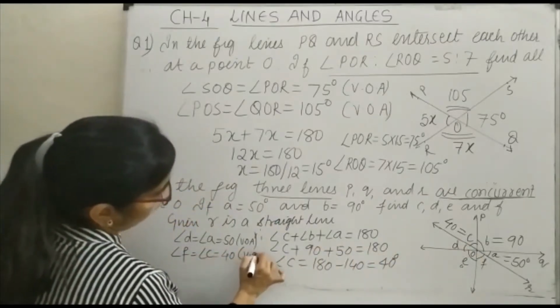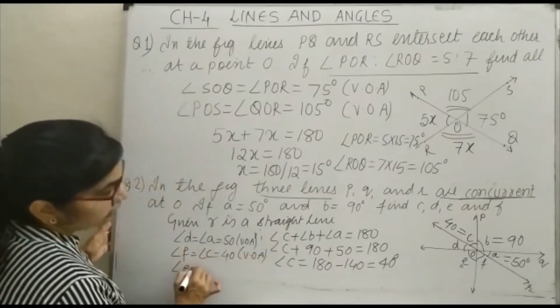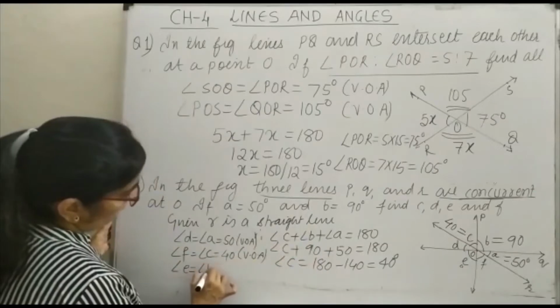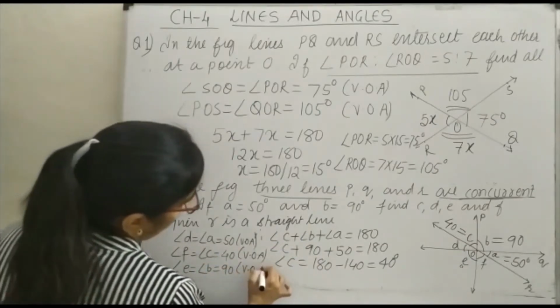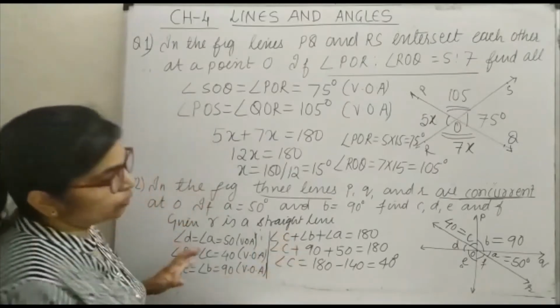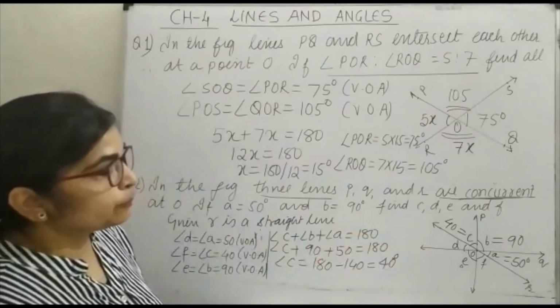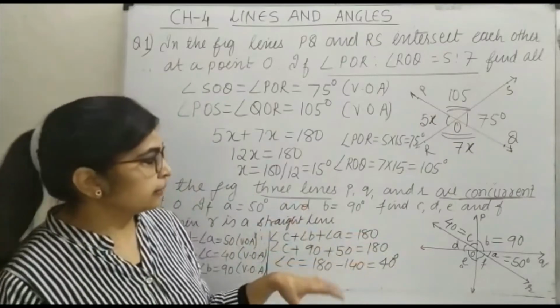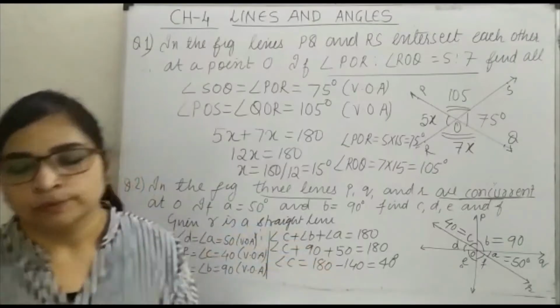Once again the reason is vertically opposite angle, and next is angle E is equal to angle B, that is equal to 90 degrees. Again it is vertically opposite angle. So this is how we have worked out the values of unknown angles with the help of vertically opposite angles and the straight line angle. Thank you.